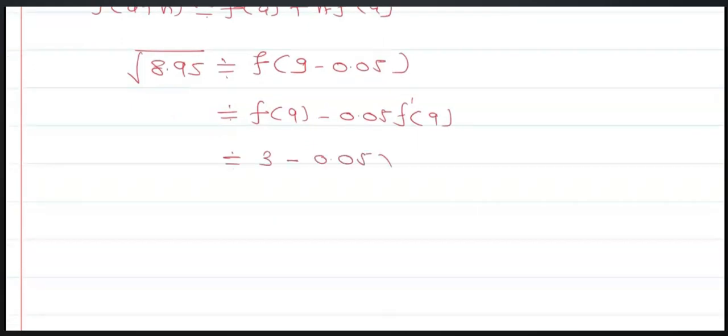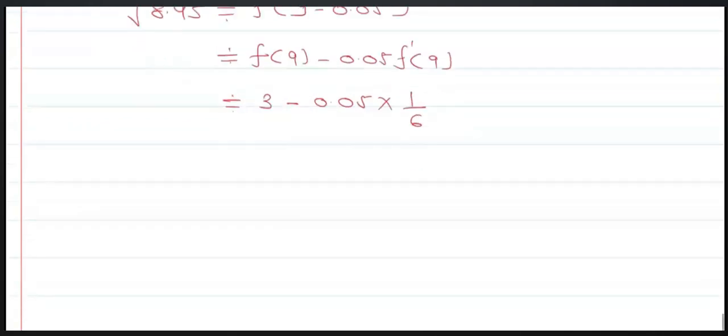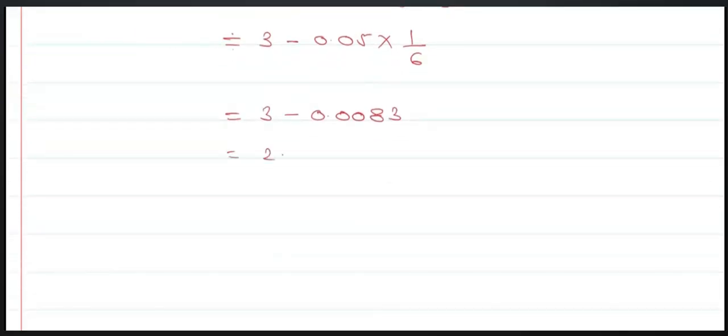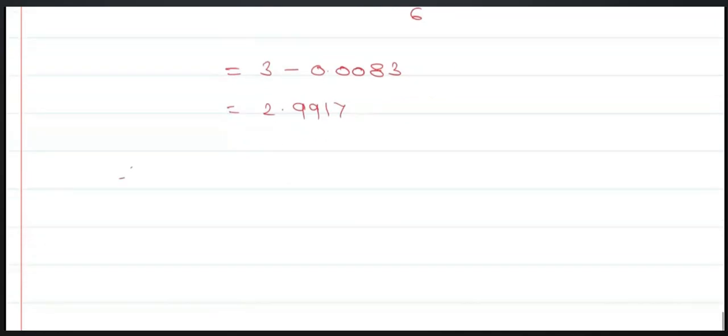That is 3 minus 0.05 into 1 upon 6, that is 3 minus 0.0083, that is 2.9917. So root of 8.95 is approximately equal to 2.9917.